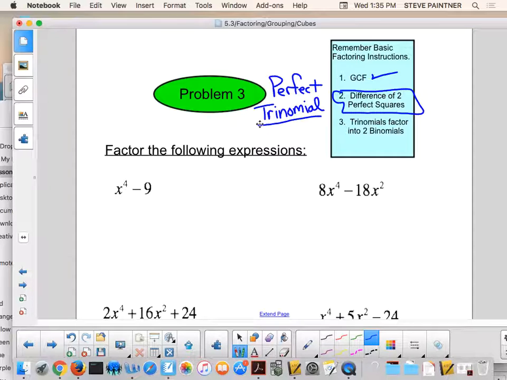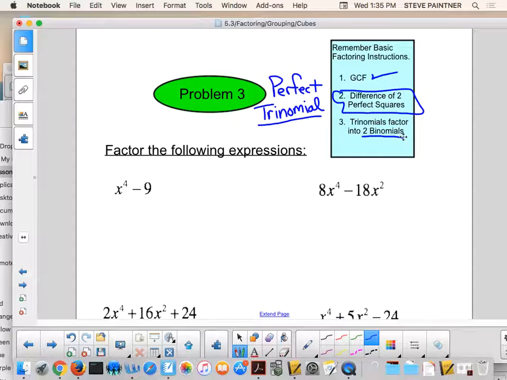The ones that aren't so fast are just basic, plain trinomials, okay? Trinomials can be factored into 2 what? Binomials. And sometimes the trinomials are easy. It's the ones with a 1 in front of the x squared. And sometimes they're the enemy. The enemy is the one with what in front? A number bigger than 1, like 2x squared, 3x squared, okay? All right.